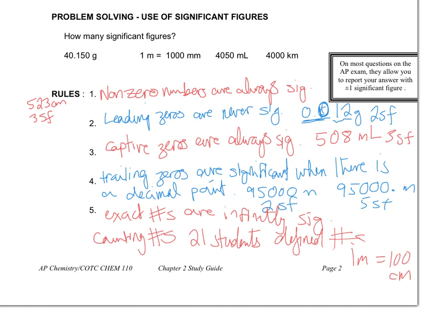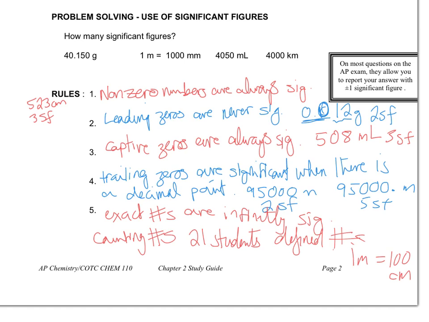So that 100 or that 1 is not limited in sig figs. Now, not all conversions are defined values. For example, 1 inch is 2.54 centimeters. That is not defined. That is a measured value. So they took an inch, and they took a centimeter ruler, and they measured how much an inch is in centimeters. And they recorded that to be 2.54. That is measured, that is not defined. So only defined values are infinitely significant.